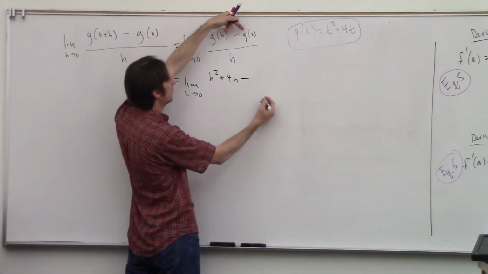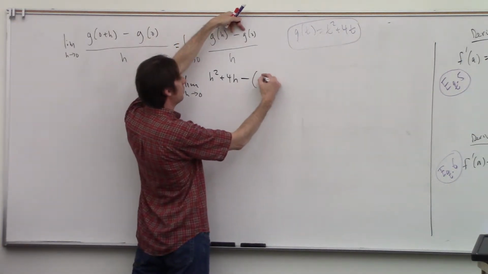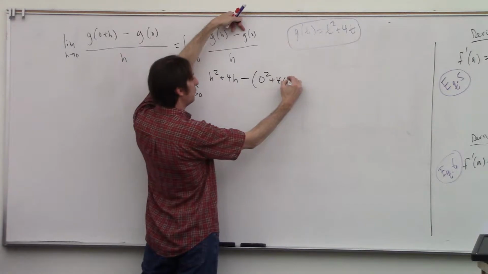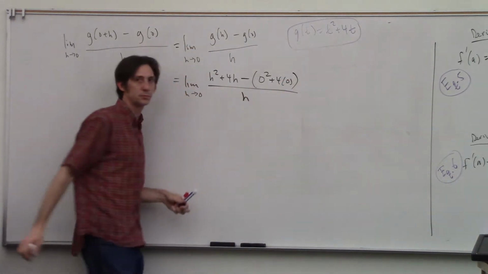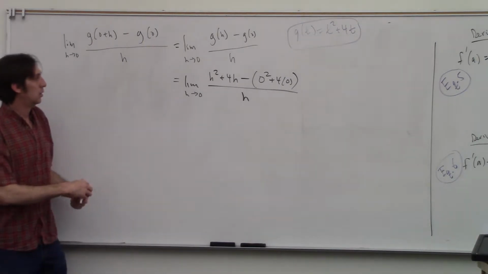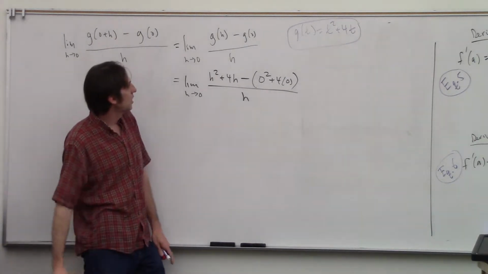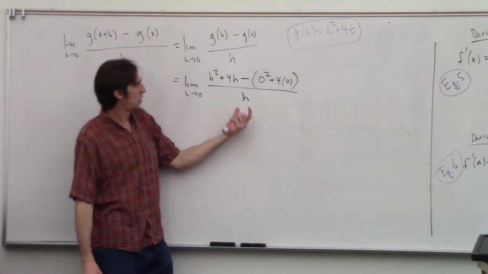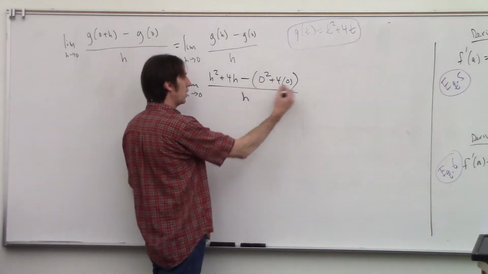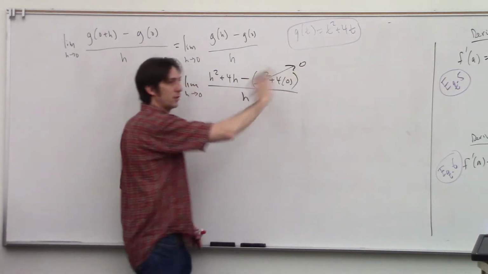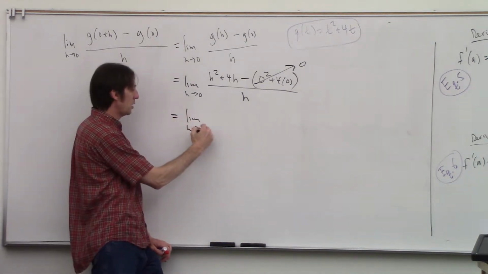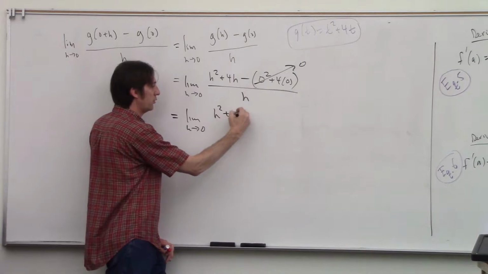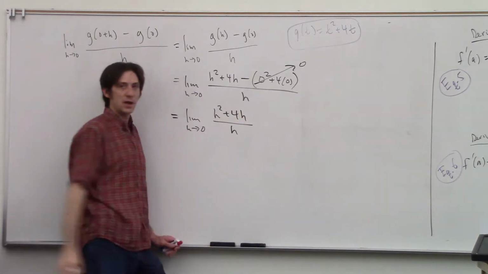And then we subtract g of 0. g of 0 is 0 squared plus 4 times 0 in parentheses, all divided by h. All right, algebraically this one is not so bad. 0 squared plus 4 times 0 is all 0, so that term is completely gone. In other words, we have the limit as h goes to 0 of h squared plus 4h over h.